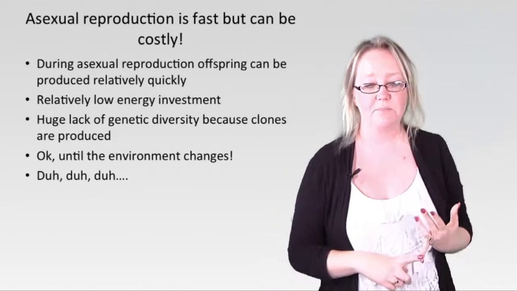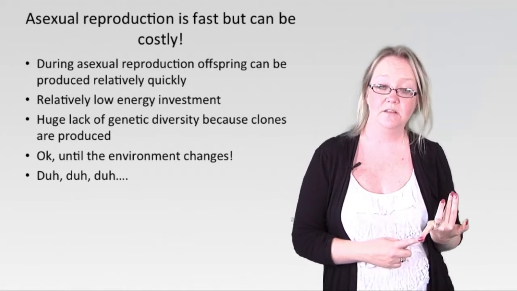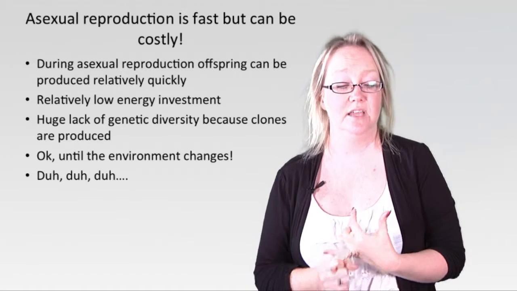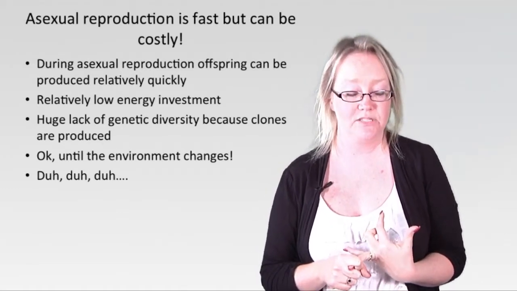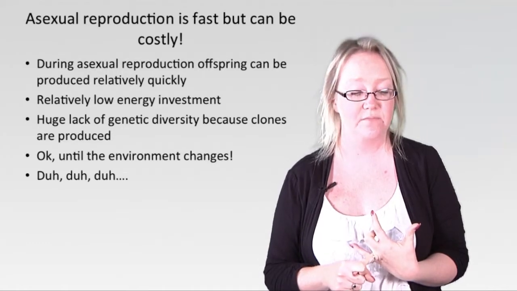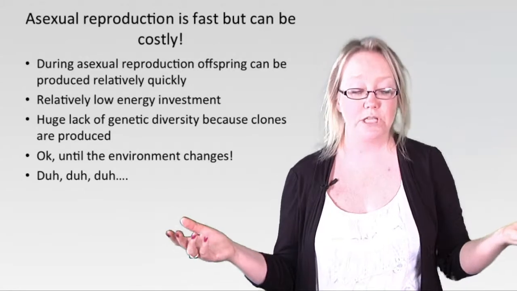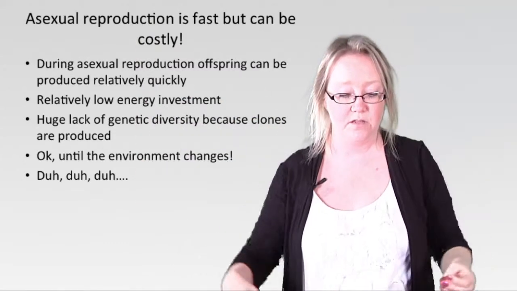So during asexual reproduction, offspring can be produced relatively quickly, so that's a benefit. There's relatively low energy investment in producing asexual reproduction. You'll see that when we do our little exercise with the lizards. There's not a whole lot of energy investment, but there's a huge lack of genetic diversity because you produce clones instead of producing new genetically different offspring.